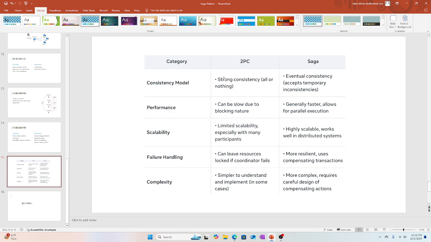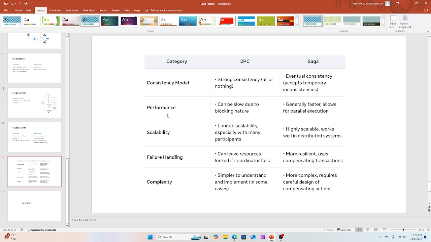In this way, it will lock all the services, update the records and then release the locks. So this becomes strong consistency there. And in Saga, it is eventual consistency. The reason being, one service gets the request and updates its status and calls another service to update its status. So this is the case where consistency is eventual in the Saga pattern.